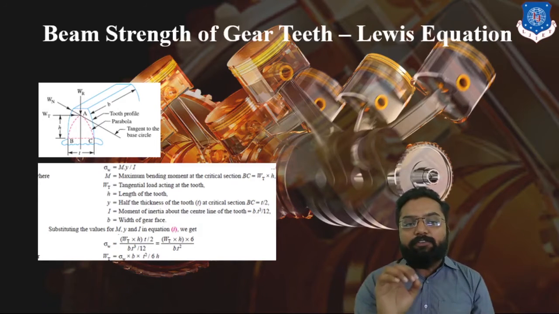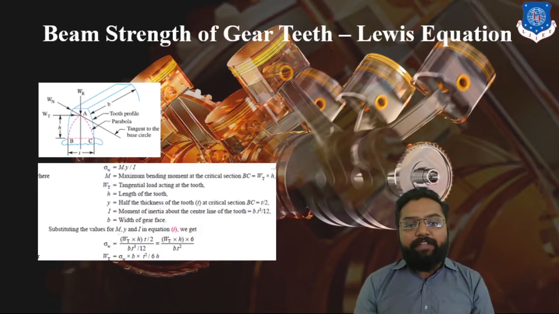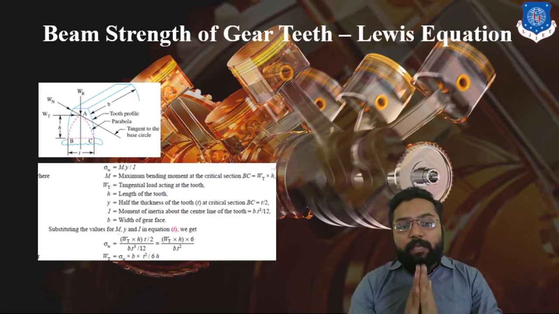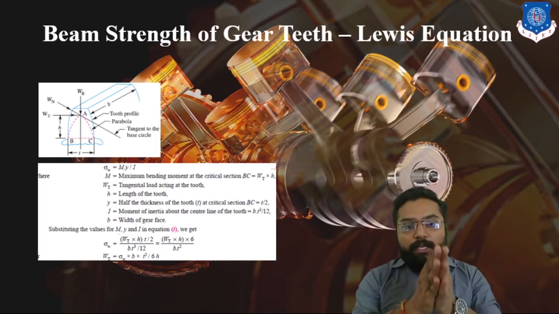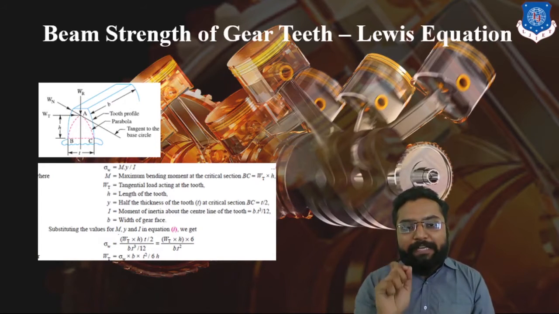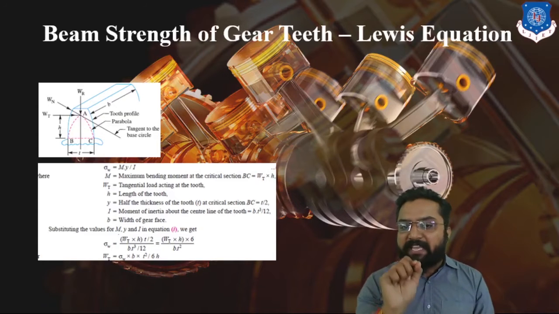Depending on that, we have derived the equation sigma_b equals My upon I, where sigma_b is the bending stress generated due to this particular Wt force through that height h at base BC.